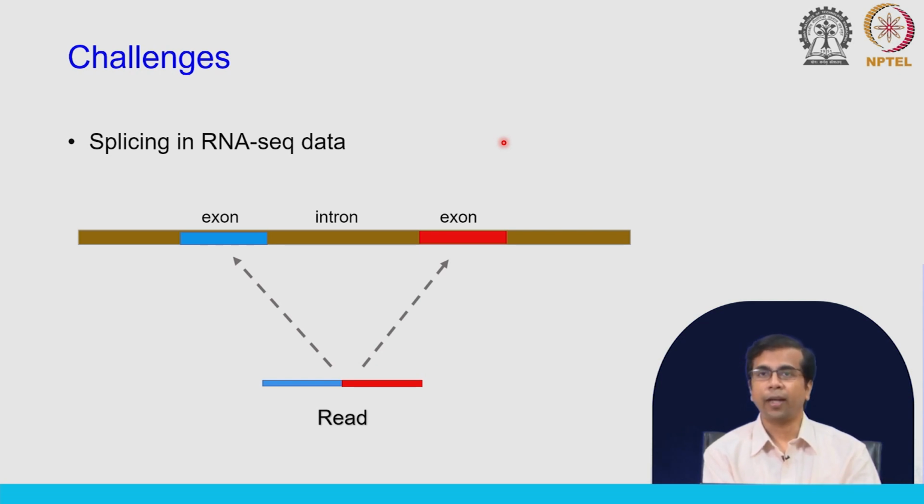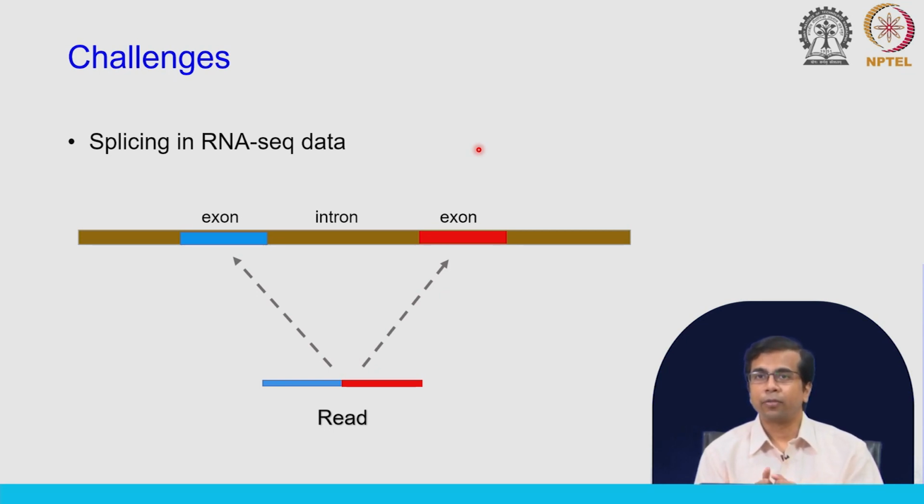When you have these splicing events, you have these exons that join together and they cut out the intron in between. So, when you generate reads, it will just give you the exon sequences, not the intron sequences, because sequencing is done on RNA, from RNA to cDNA, and then that is sequenced. So, you will get these exon sequences only.